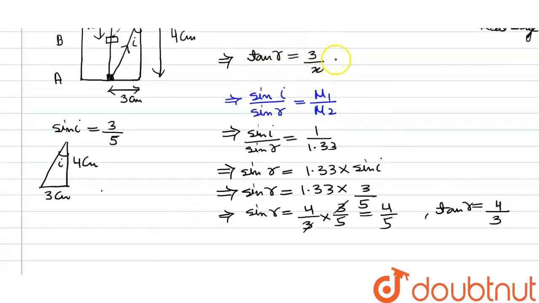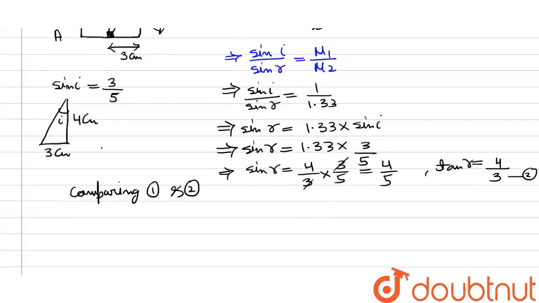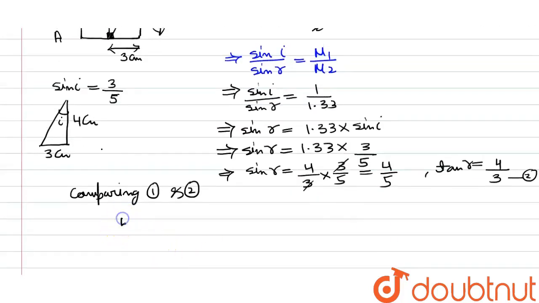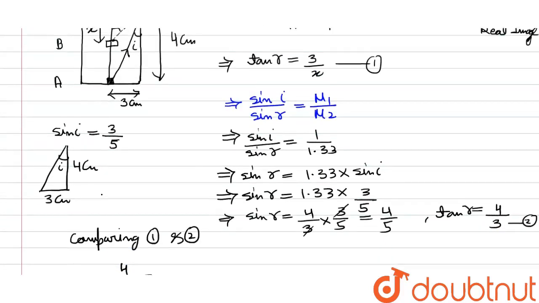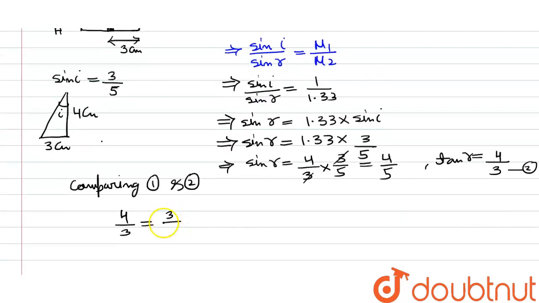So we can compare these two equations, equation number 1 and equation number 2. After comparing equation number 1 and 2, we will get 4 by 3 is equal to 3 by x.